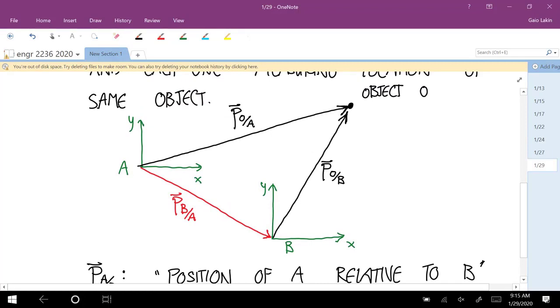Well, look at this combination. We have these three position vectors, and by the rules of vector addition, you can come up with a relationship between them. You can see by the directions of the vectors that the position of O relative to A is equal to the position of B relative to A plus the position of O relative to B. Okay, you see that in the vector addition.